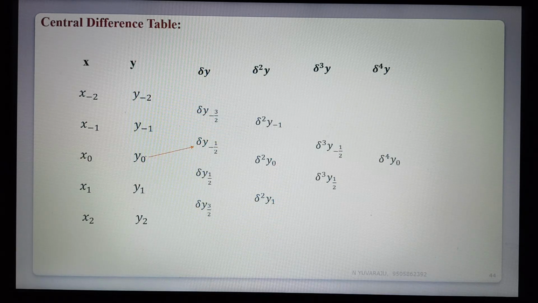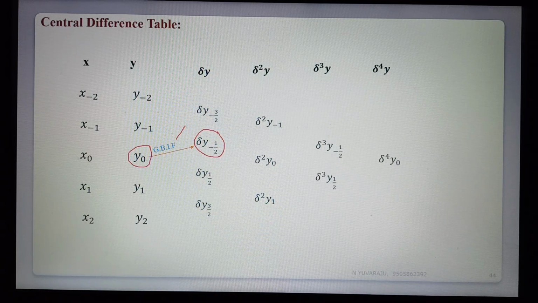Next, the assumption here is how to choose the backward values and forward values. Look, y naught, delta y minus 1 by 2: the first value y naught is chosen, the next value is delta y minus 1 by 2. This is the choosing of values for the Gauss backward interpolating formula, and these values are used in the formula.